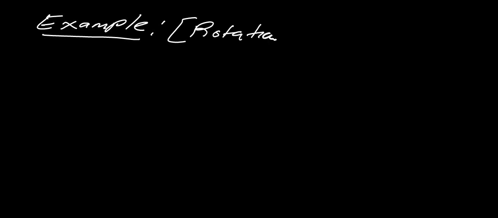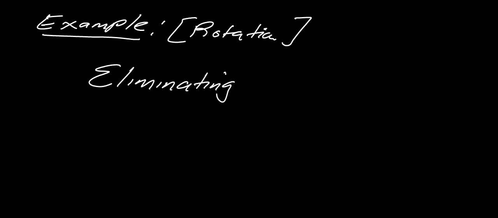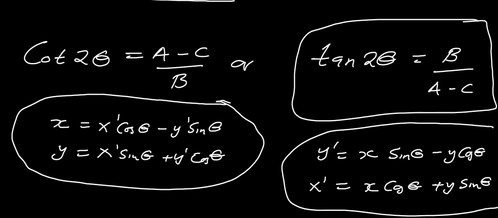This is going to be our last example that explains rotation of axis. So this is rotation to eliminate the XY term. Here it means that the XY term is present. If you want to eliminate it, we use these formulas here.